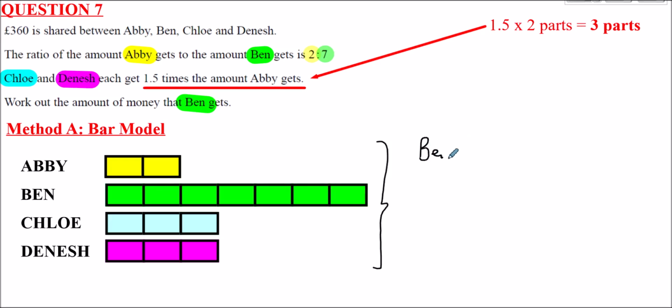So Ben gets 7 parts out of a total. Well, how many parts are there altogether? So Ben gets 7 parts. 8, 9, 10, 11, 12, 13, 14, 15. So there's 15 parts in total.